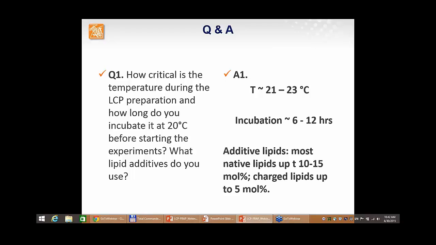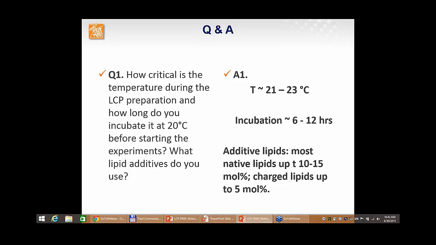And you can add most of the lipids, either native or synthesized lipids, up to about 10-15 mol%. For charged lipids, you can add up to about 5 mol%, and it's often a very good strategy to add additive lipids, especially if you know that specific lipids are required for your protein function, or some of the lipids can stabilize your protein.